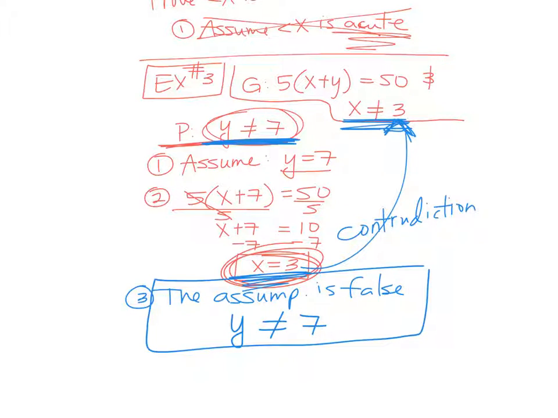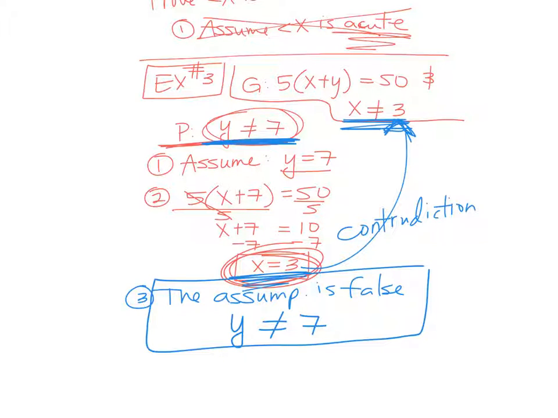Okay, I'm just going to talk you through one other one real quick. We're not going to write this out because it's a lot of words, but I want you to just see a different scenario where it's not algebra, it's more a situation. Here's the problem. It says if Jaylene spends more than $50 to buy 2 items, okay, more than $50 on 2 items, then at least one item costs more than $25.